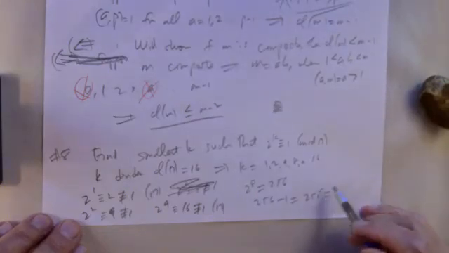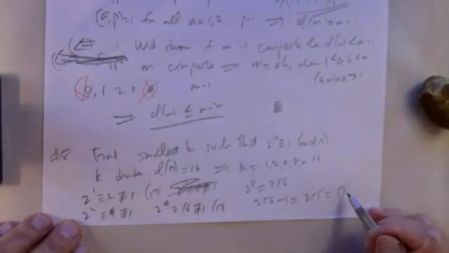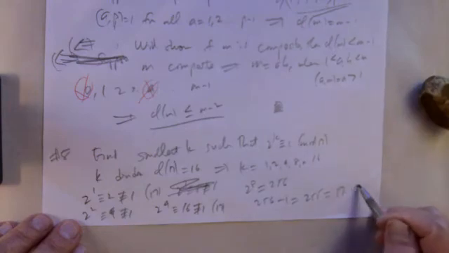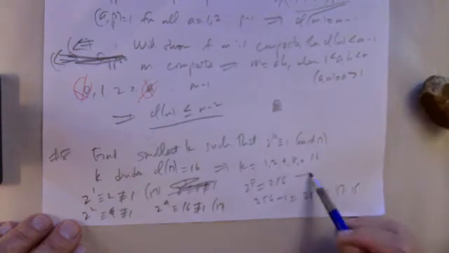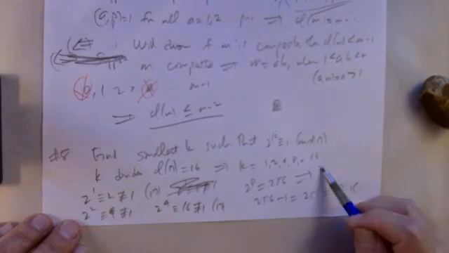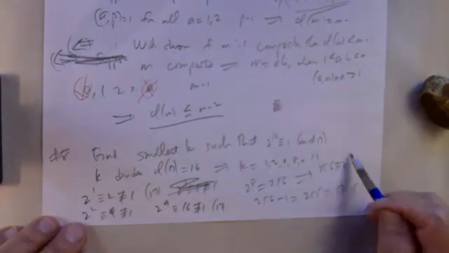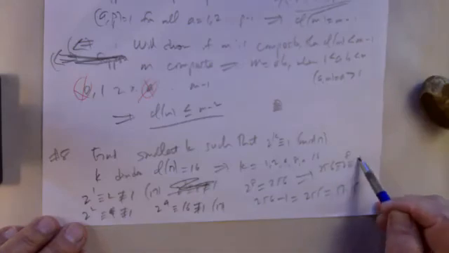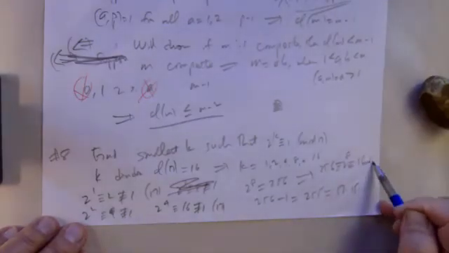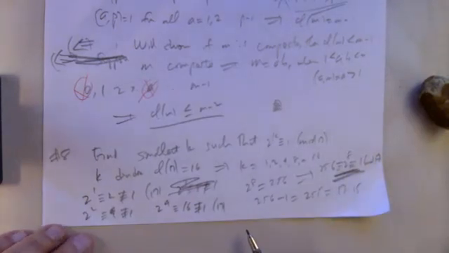If you divide that by 17, you get exactly 15. So 256, which is 2 to the eighth, is congruent to 1 mod 17. So the answer to problem 8 is 8.